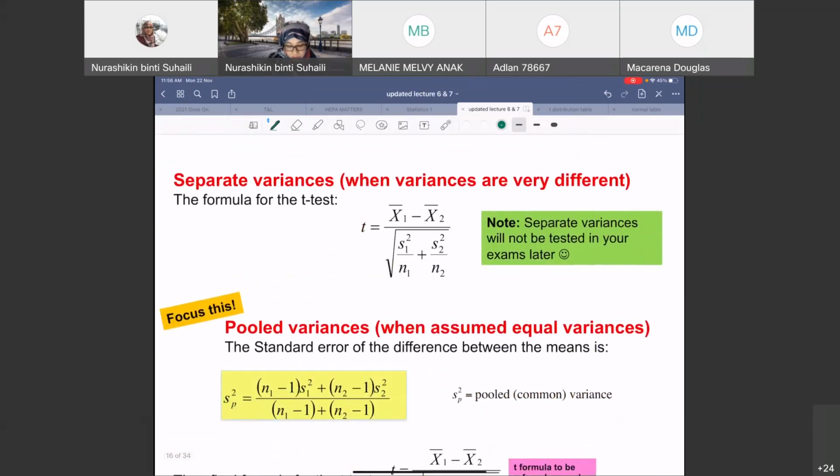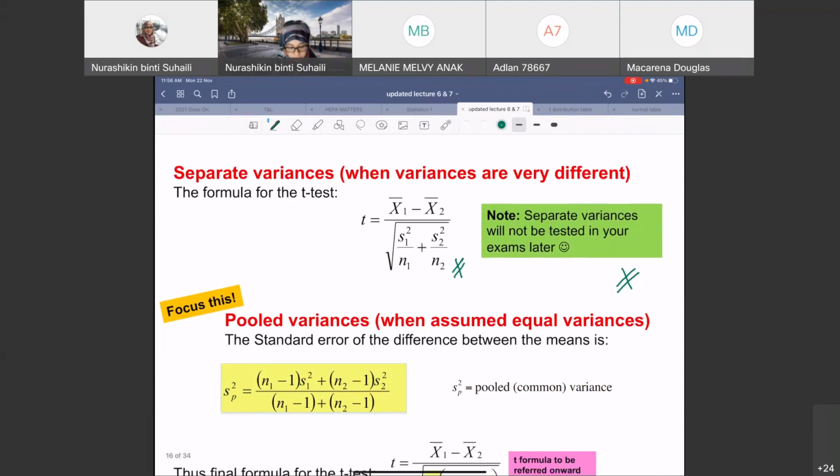I think the separate variance will not be the focus of the topic. We would talk about pooled variance more. I think the coordinator will not release a question on this, but this is just for you to know the t-test.